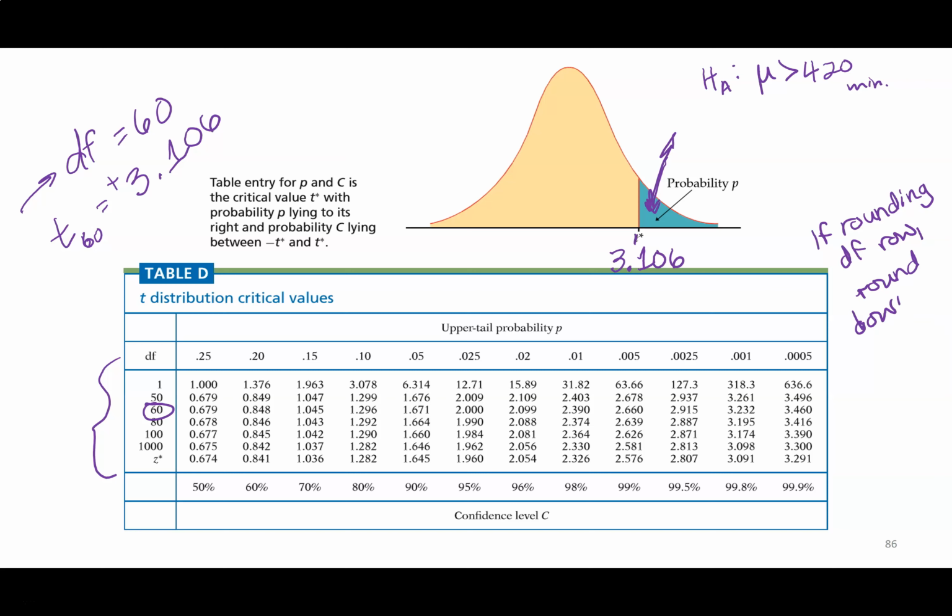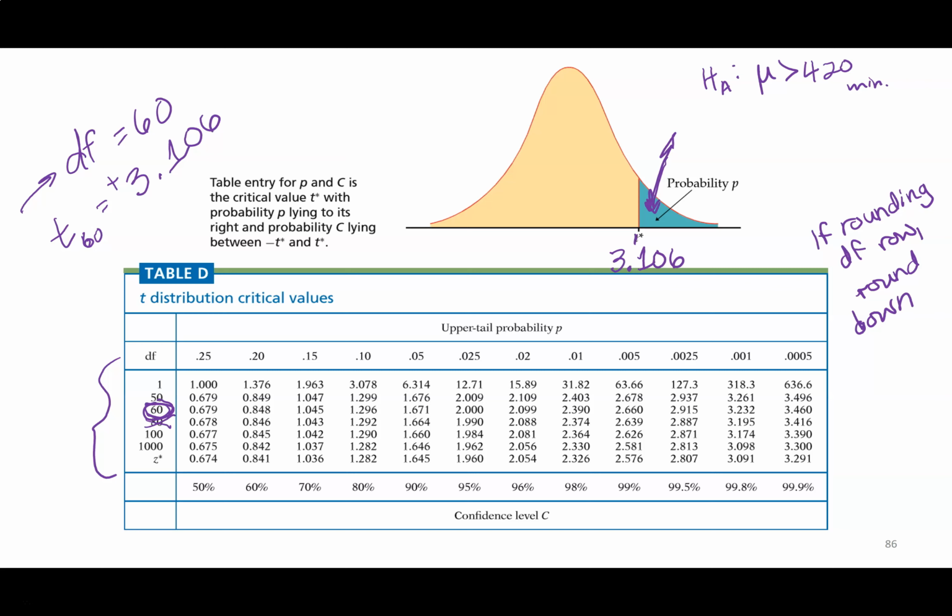Part of what that comes down to is if I had degrees of freedom 62, I do have a sample size of at least 60. I don't have a sample size of at least 80. You want to make sure that your sample size is at least as big as the row you use. You'll get really similar answers either way, though, typically.